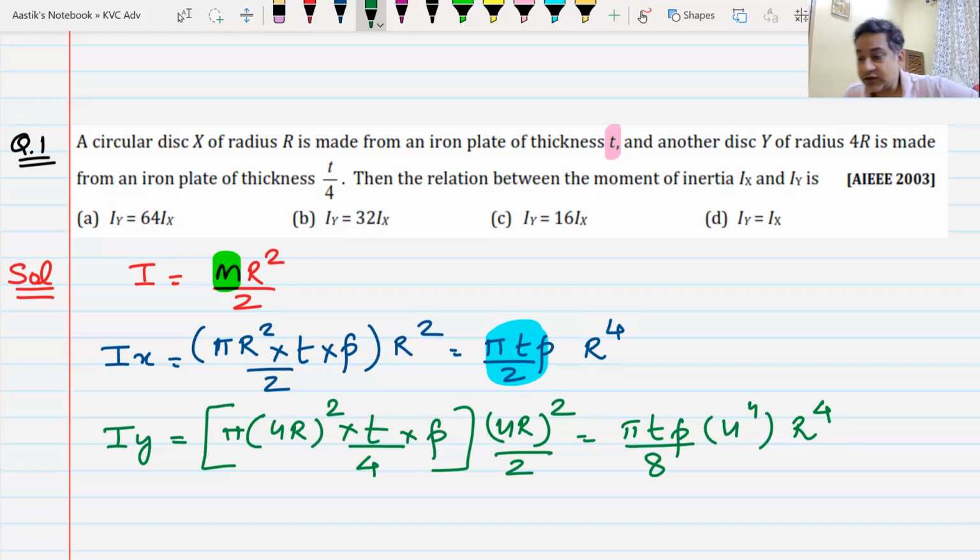So the ratio is 4 raised to the power 4, which is 16 into 16 divided by 8, and here it was r raised to the power 4 divided by 2. You just divide the 2 and you will end up with the answer. It is 16 into 16 divided by 4 eventually, so the answer will be 16 into 4, which is 64 Ix.